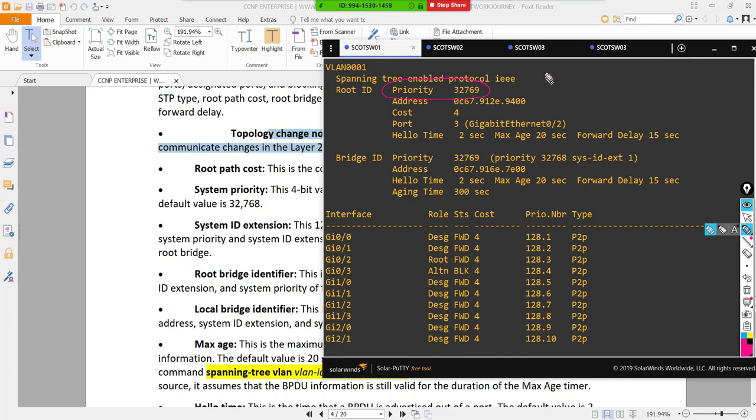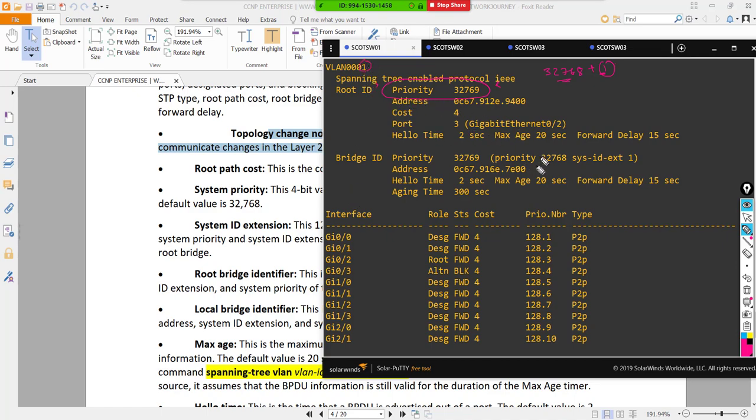If you see this, in spite of me telling you the default priority is 32768, this is 32769. I was expecting someone would have asked me, or maybe you already know this because this is a CCNA topic, also CCNP repetition. Let me iterate this for you. We got 32769 by just adding 1. Why do I add 1? Because 1 is the VLAN that I'm considering.